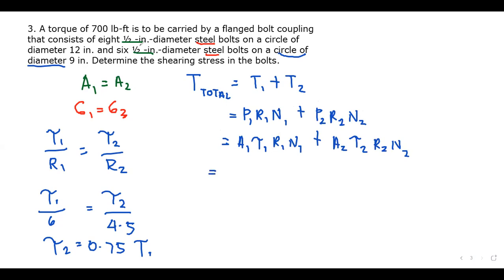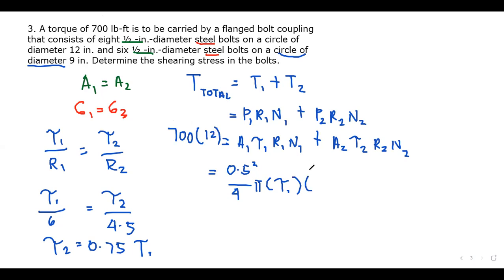Dahil 0.5 inch diameter yan, technically 1/4. Ganun lang naman yan. So, magiging 0.5 squared over 4 pi, tau 1. Tau 1 lang din yan. And then, may value tayo ng T total. Ayan o. 700 feet. So, 700 pound feet. So, convert natin to inches para di na tayo malito.